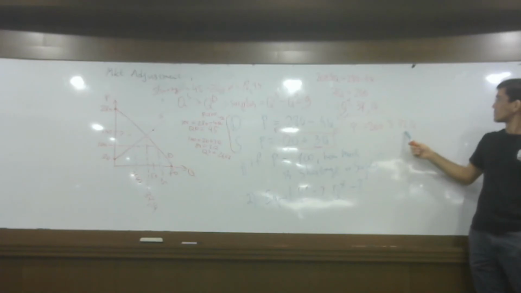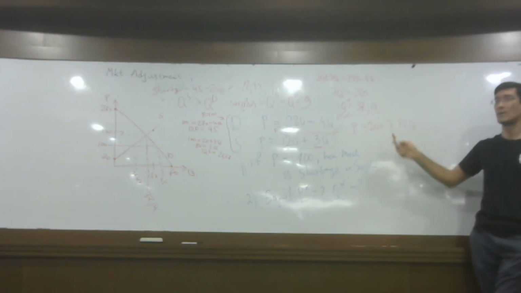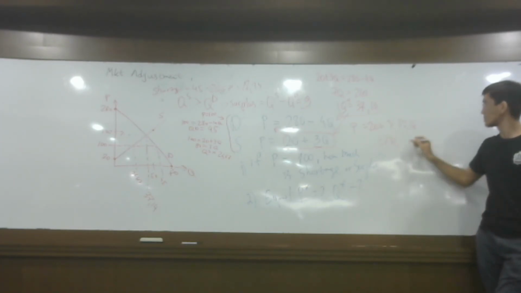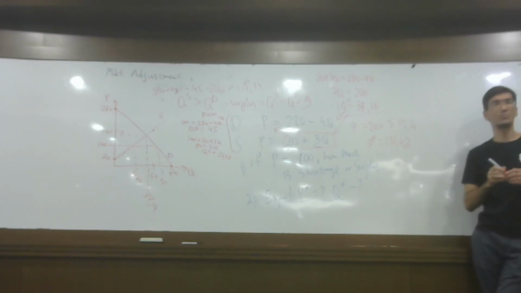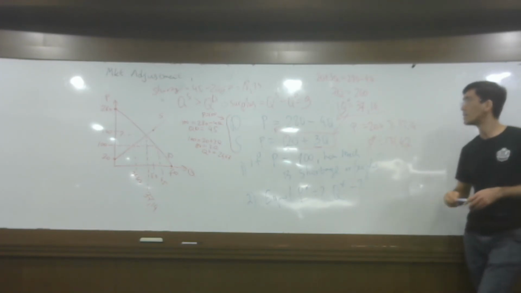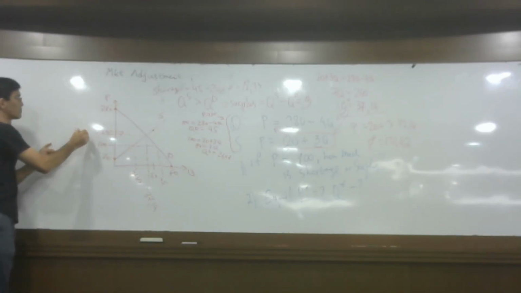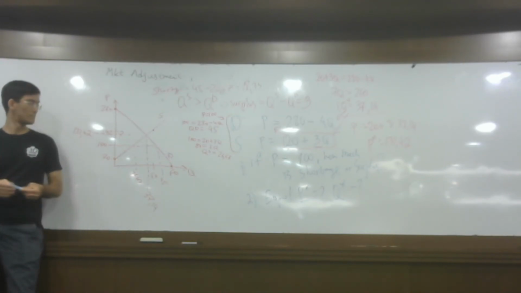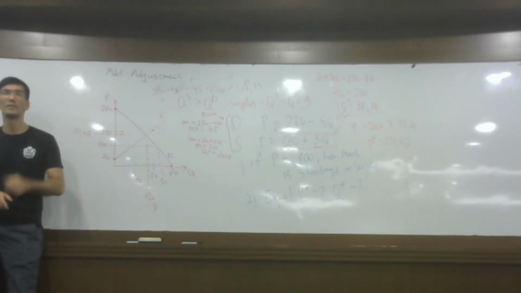That's going to be 131.42. That's the equilibrium price, the answer to question number 2. It's over here. Okay? Questions? Let's go for a break.